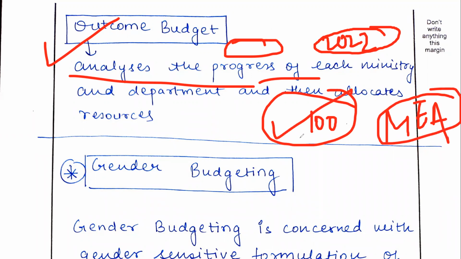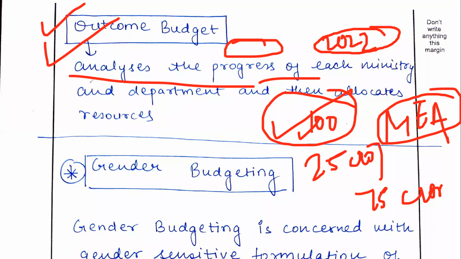And if it has not performed, suppose 25 crore उसने फालतू का खर्चा किया, तो next year 75 crore will be the budget. So this is basically your outcome budget. The progress of each ministry and department is analyzed minutely.